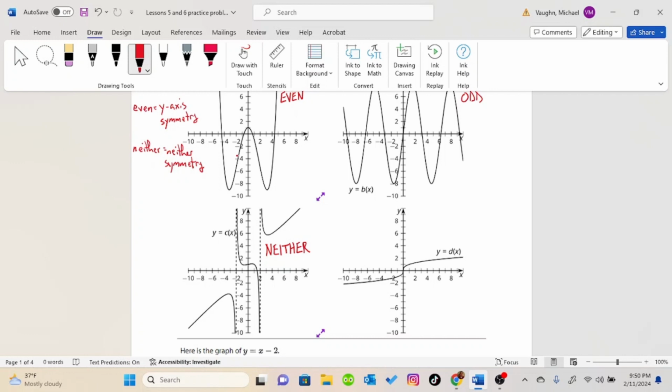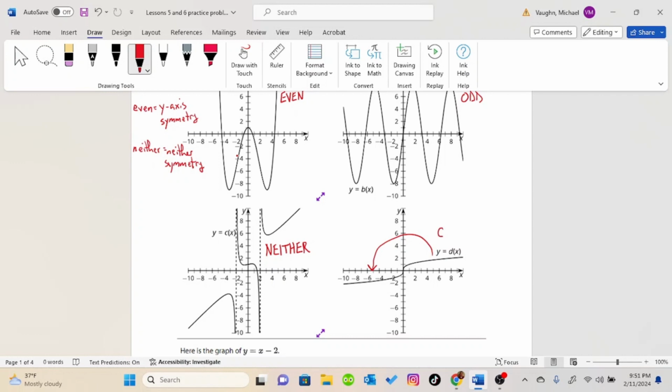And number 4, if I tried to fold this in half along the y-axis, you can see that these would not line up. This top half would be up here and the bottom half is still down here. So it's not even. But if I took the right side of this graph and swung it around onto the left half, then it would be symmetrical about the origin.